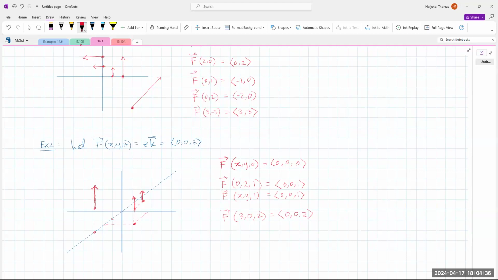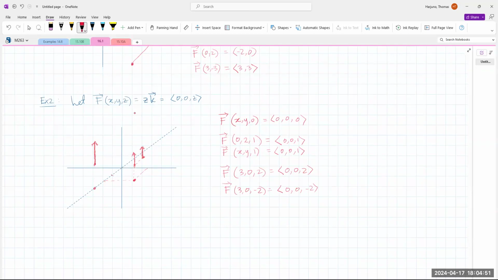With that said, imagine if I go below the xy plane, let's say (3, 0, -2). Then the vector associated to that will be (0, 0, -2). Okay, so at this (3, 0, -2), the vector associated to that will be (0, 0, -2).